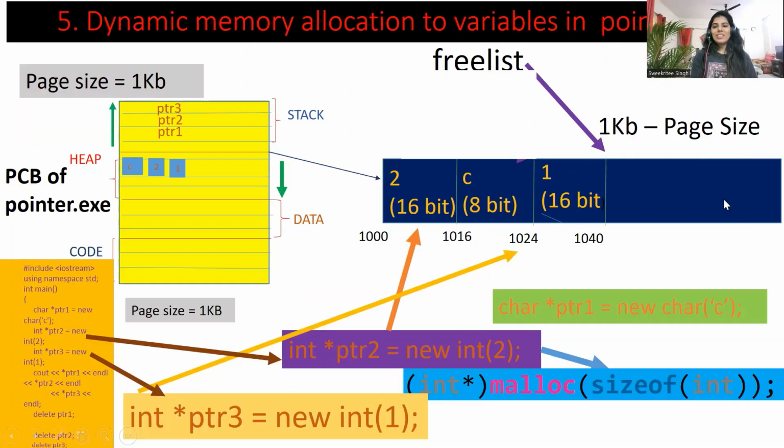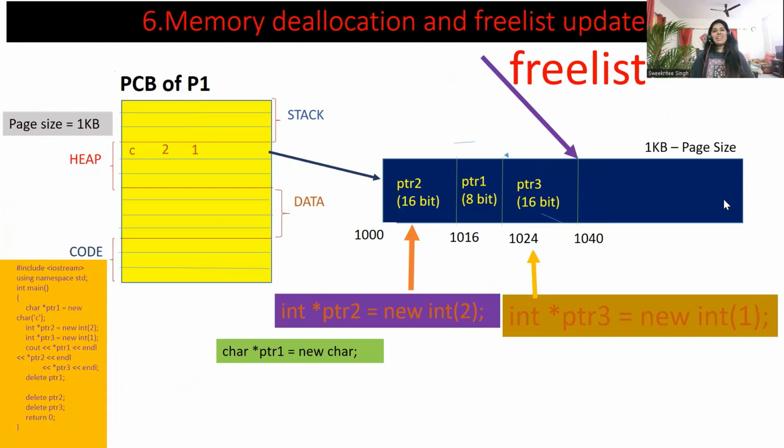Cool. So now let's see another important thing, that is memory deallocation. Till now we saw the memory allocation. Now we will see memory deallocation in heap.